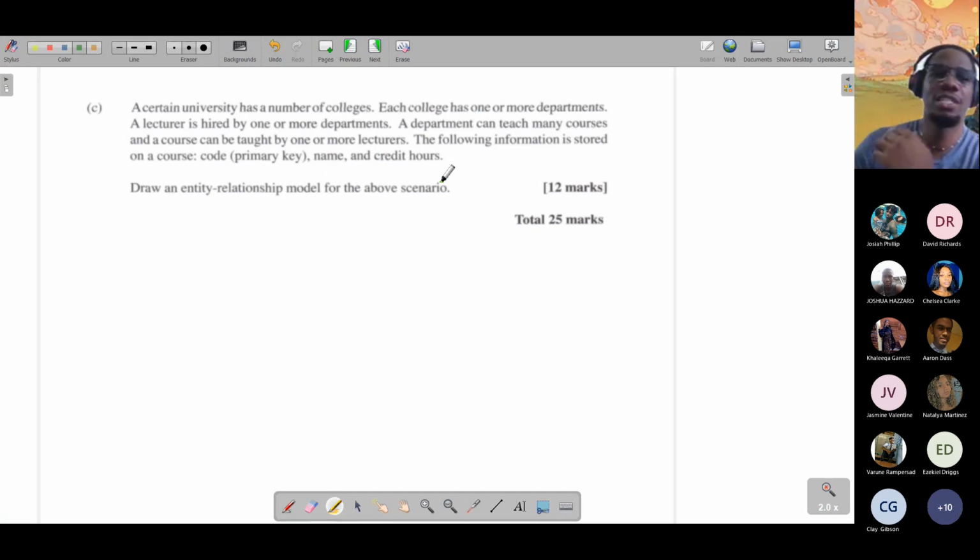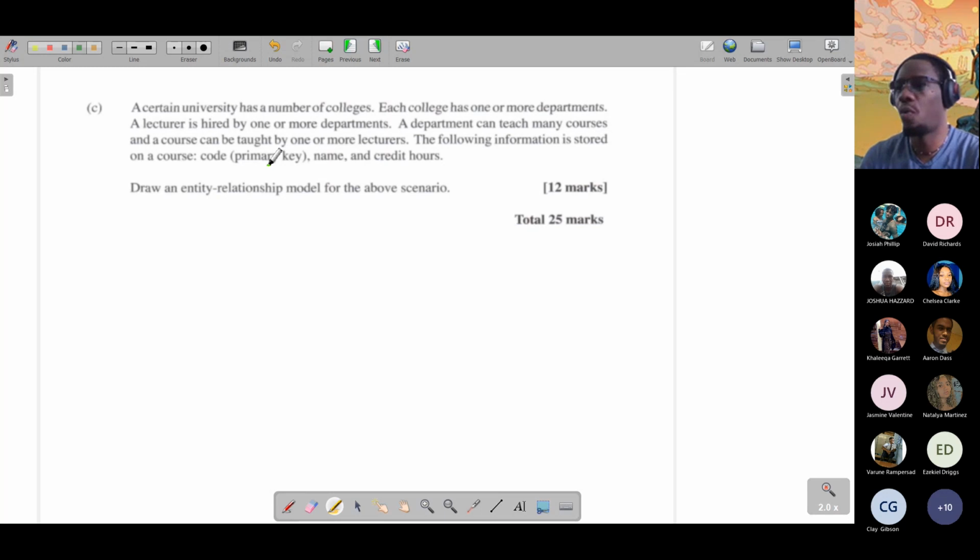The following information is stored on a course. So these here are attributes. I would always say, when you are answering questions for CXC, do not give more attributes than necessary. If they tell you what attributes are there, then put them. Everything else you can give a primary key attribute as a unique identifier.